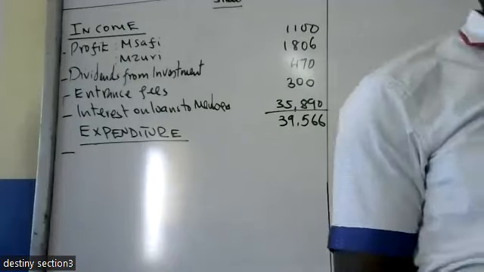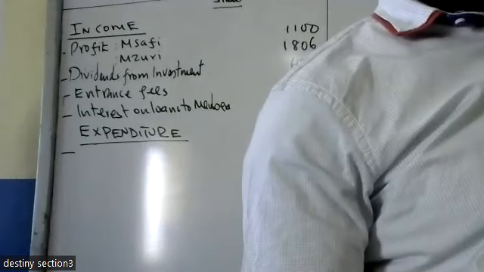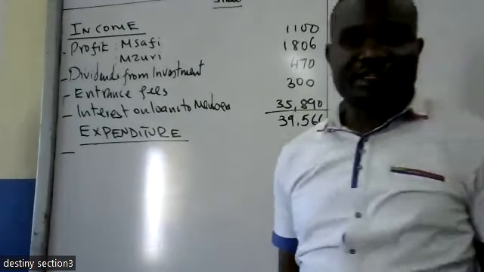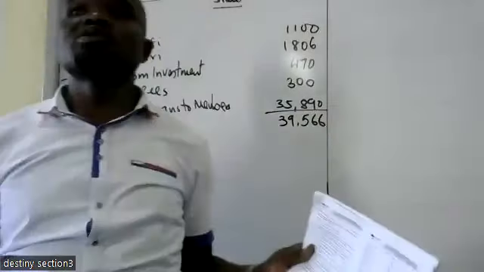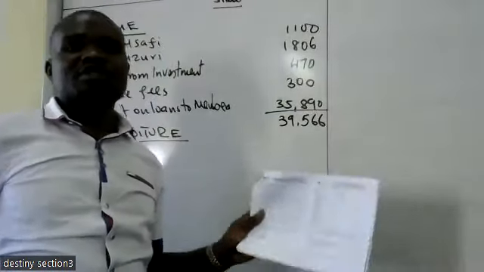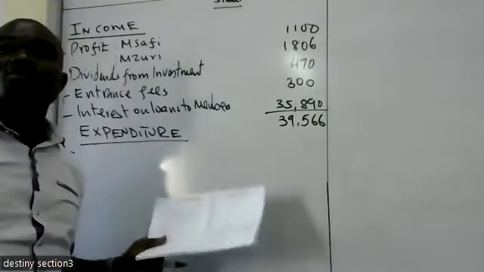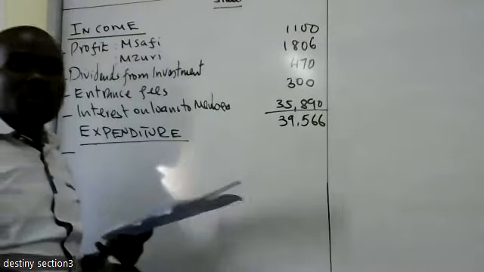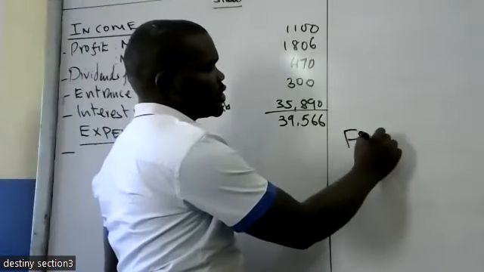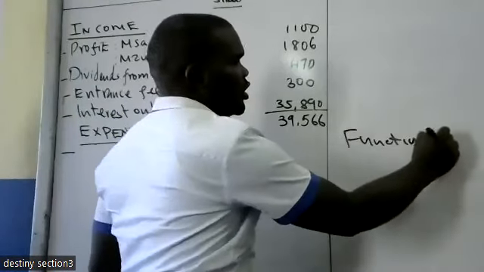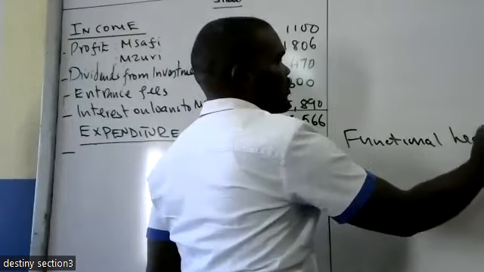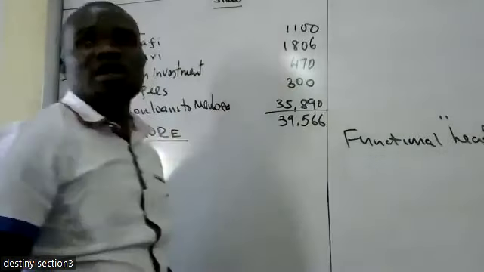There's something I want to caution you about, and I need you to be very careful with this. When you're doing books of the society, the Cooperative Societies Act requires that expenses should be categorized according to what we call their functional heads.